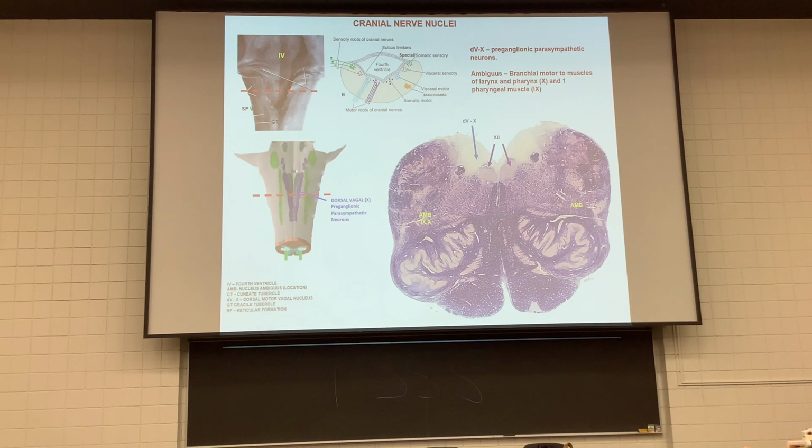So this nucleus is a pretty long nucleus going from caudal to rostral. 10, the dorsal vagal nucleus, sitting just lateral, also has that same extent. So there's a lot of neurons in these nuclei. We don't see the branchiomeric on here.